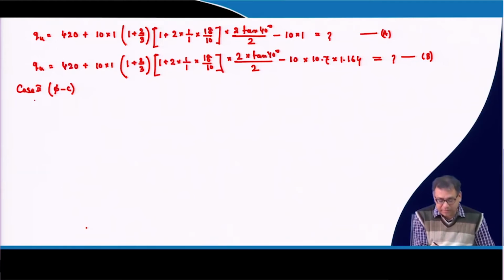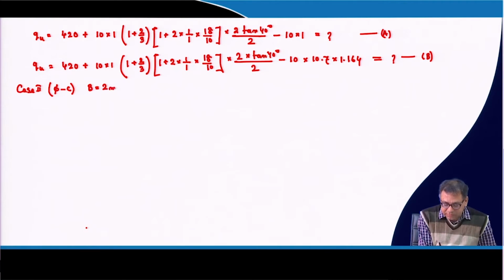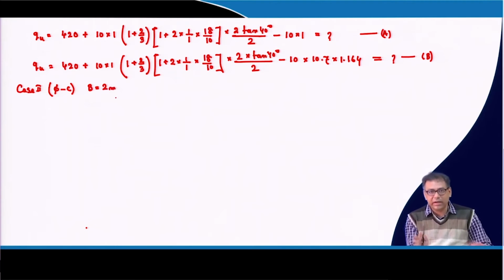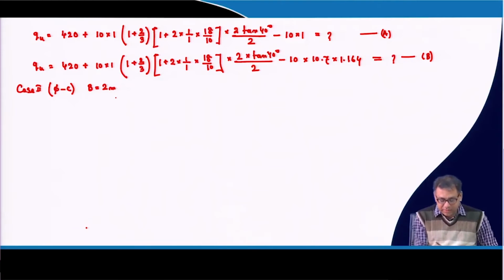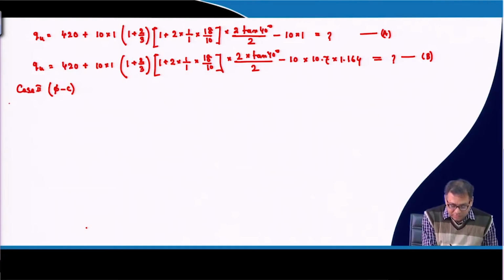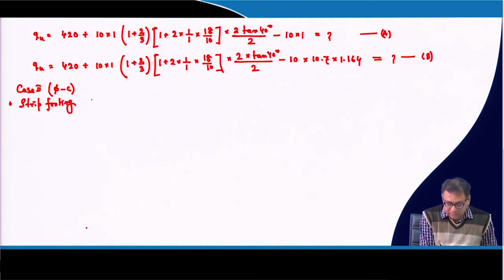Now, in the strip footing, the B value is 2 meter, because it is a strip footing, so L is not required. So, this is for case 2 I have taken. First one I will do for strip footing. So, that means I have taken B equal to 2 meter.